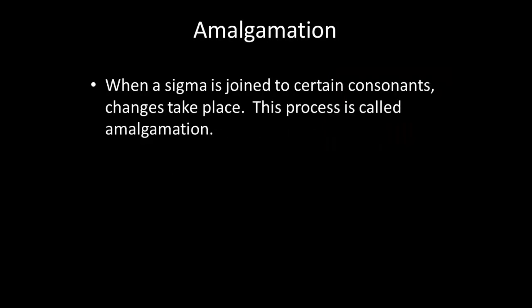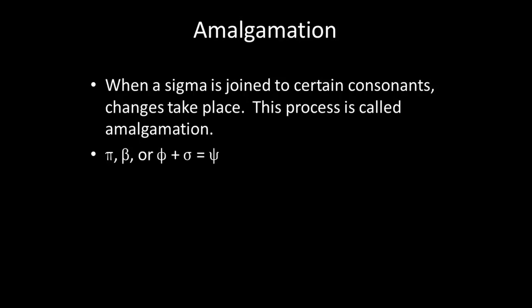Let's talk about this process called amalgamation. When you're forming the future tense, as you know, you add a sigma right after the verb stem. Some letters, when they bump into that sigma, stay exactly the same, but other letters undergo certain changes. This change is called amalgamation. So if you had a pi, a beta, or a phi at the end of the verb stem, and then the sigma bumps into those letters, it forms a new letter.